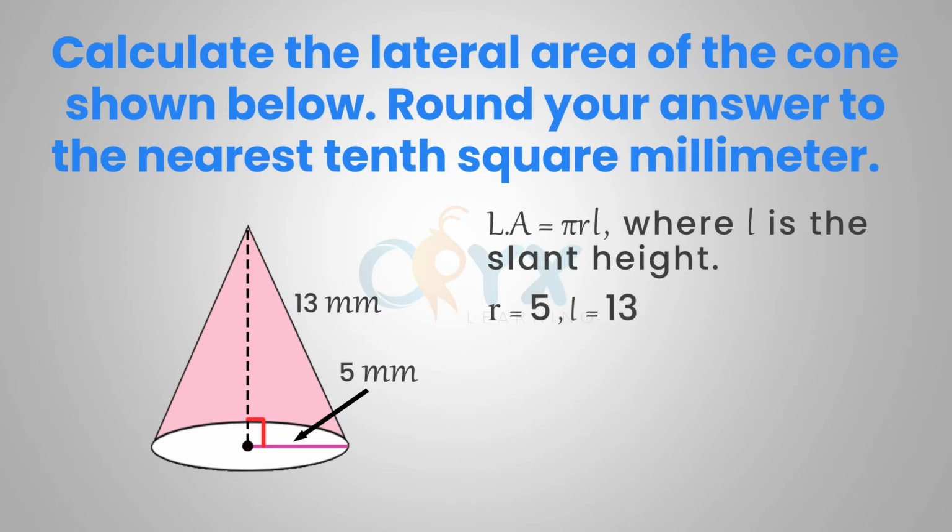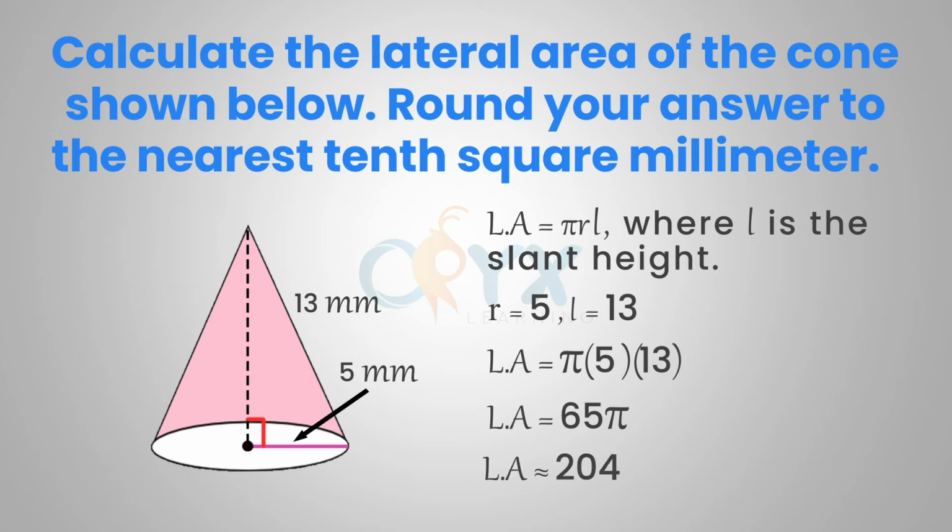Substituting in the values, we get LA equals pi times 5 times 13, which simplifies to 65 pi. Multiplying 65 times pi and rounding to the nearest tenth, we get the lateral area is approximately 204.2 millimeters squared.